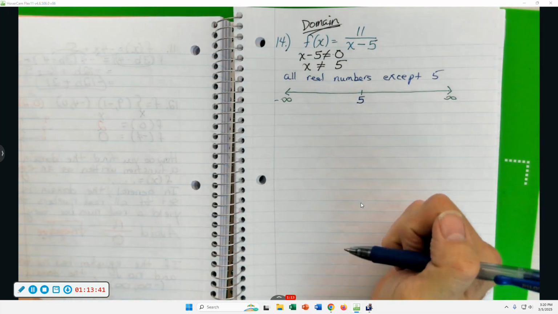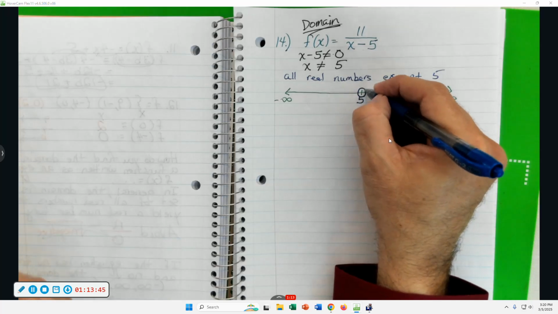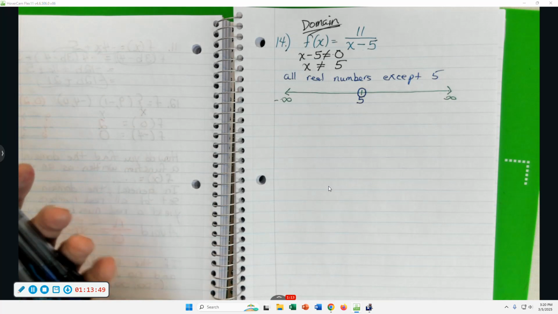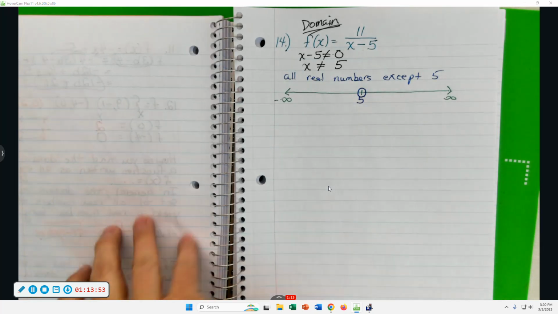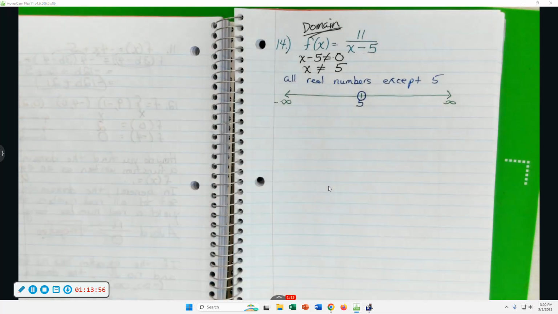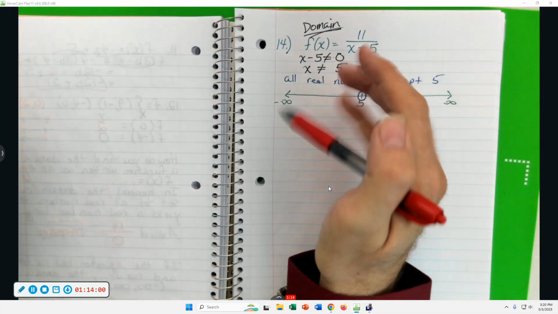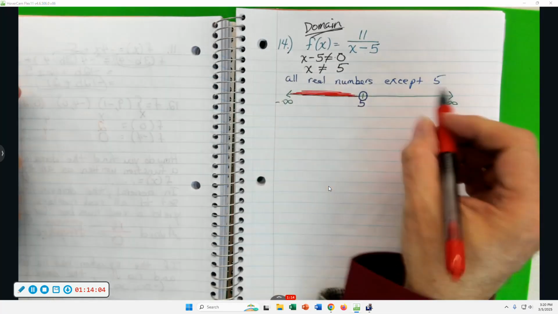Open. We didn't want to shade it. But we want every number except for 5, every other number.